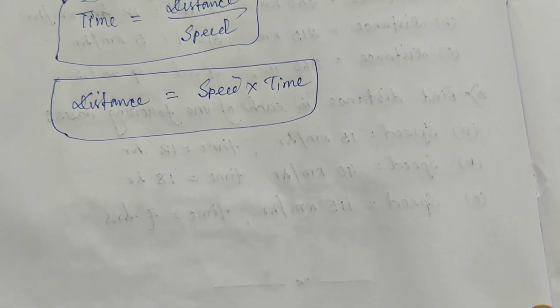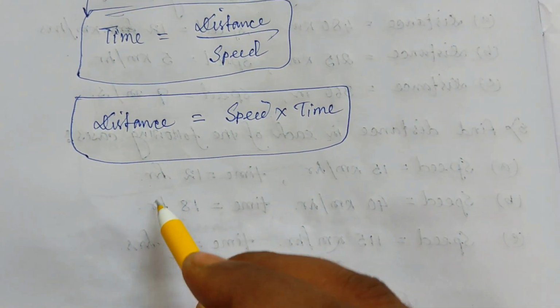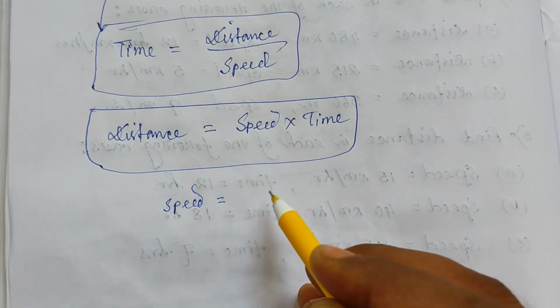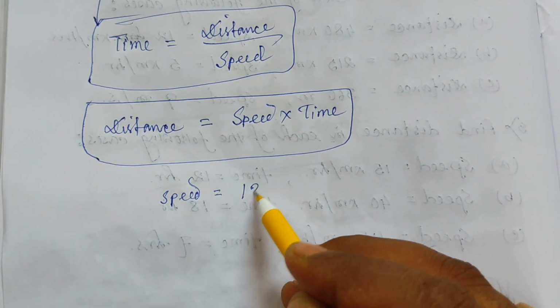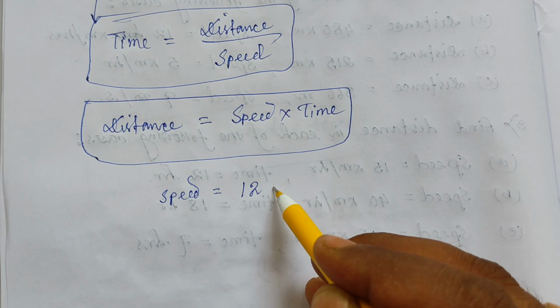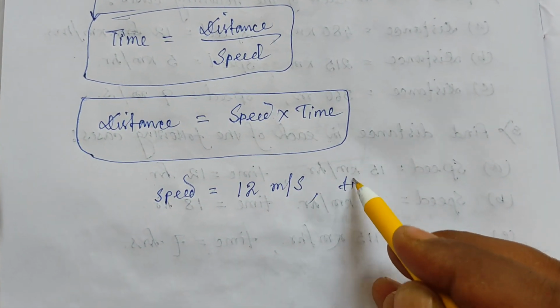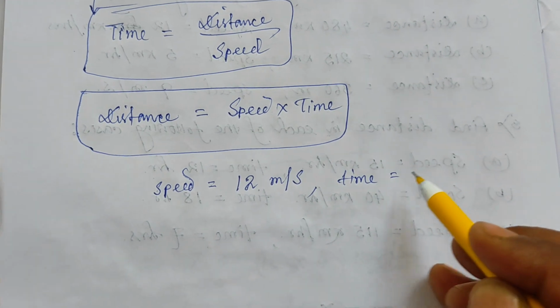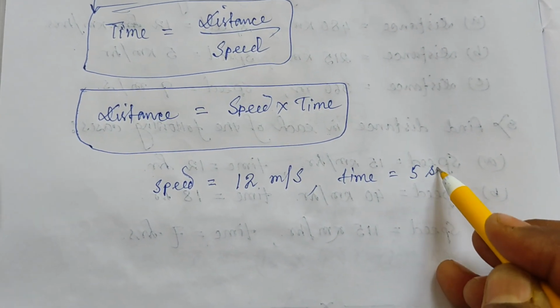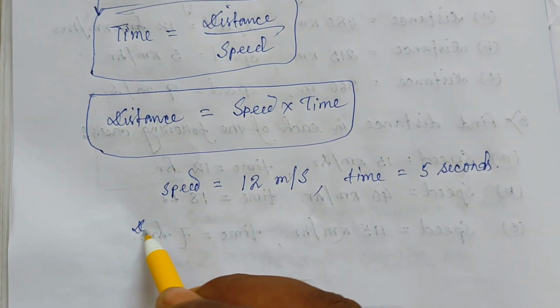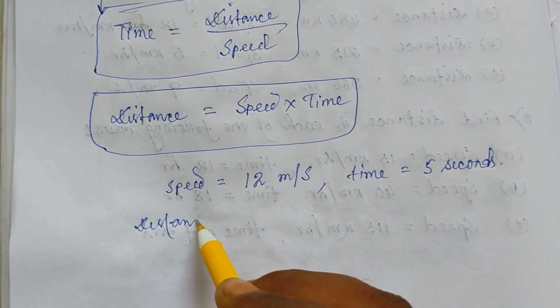So suppose the speed is 12 meter per second and time is 5 seconds. So what is the distance?